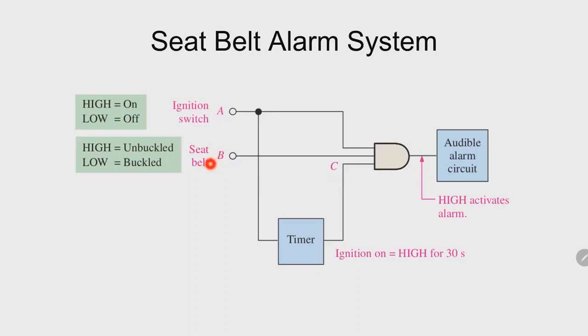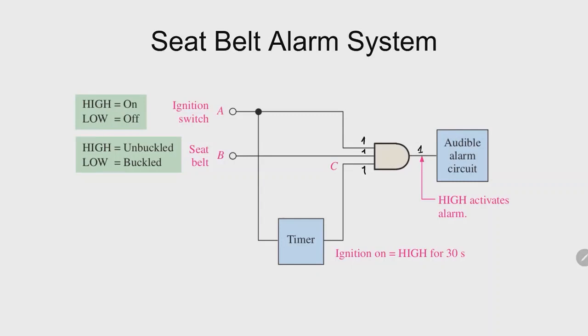If it's not buckled, all three signals are high. So I get 1, 1, and 1, which gives a 1 here, and that will trigger an alarm circuit. Then you hear a warning telling you that your seatbelt is not buckled.